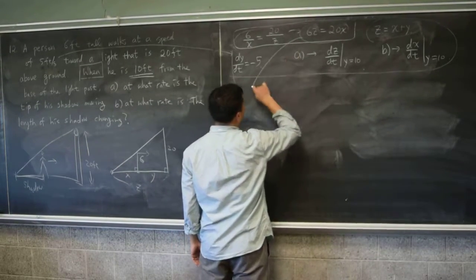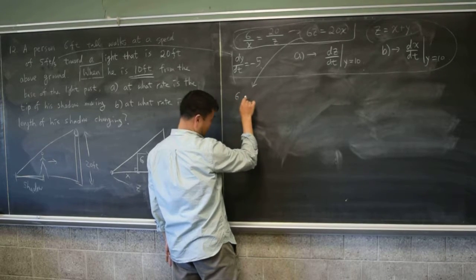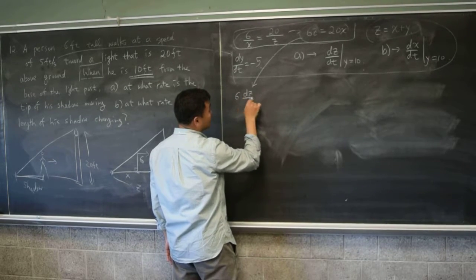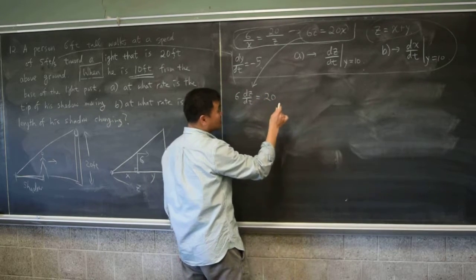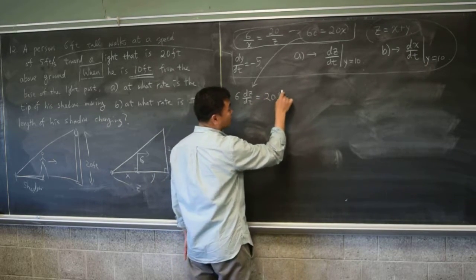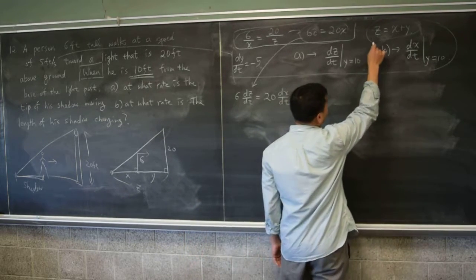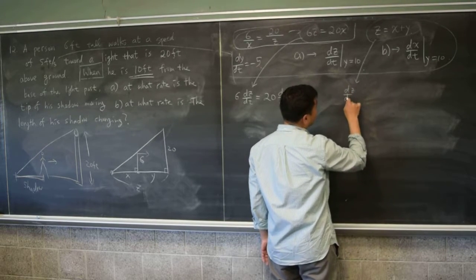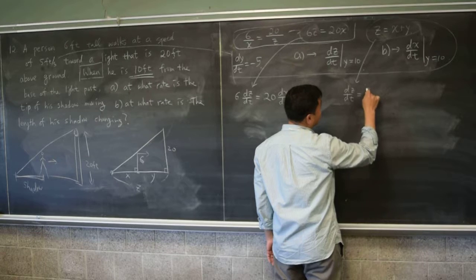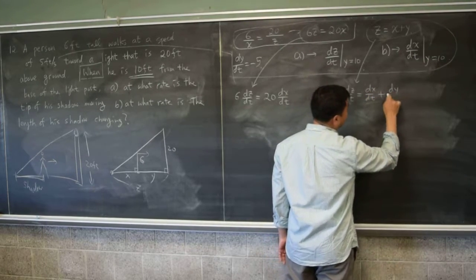All right, so let's actually do the solving now. Let's differentiate. So what do you get? If you differentiate 6z, you get 6 dz dt, and if you differentiate 20x, you get 20 dx dt. And then if you differentiate z equals x plus y, you get dz dt equals dx dt plus dy dt.